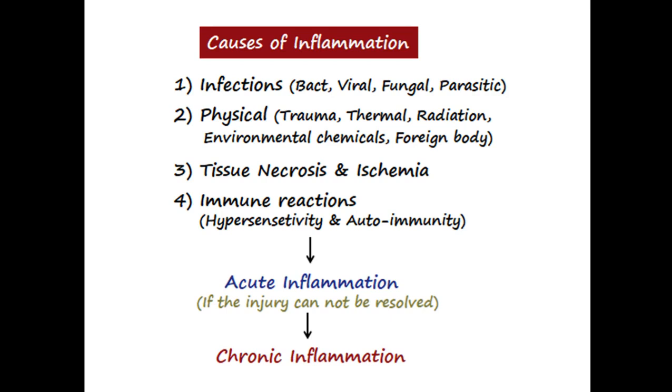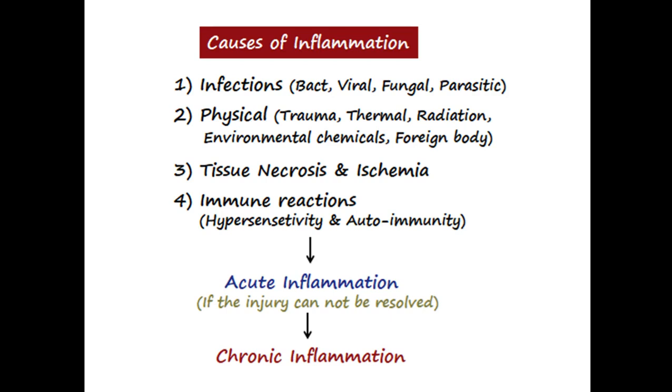And as we said, inappropriately directed immune reactions in the form of hypersensitivity or autoimmunity, all these causes will lead to acute inflammation, and the acute inflammation will attempt to remove the cause, to remove the dead tissue, to start the process of resolution.